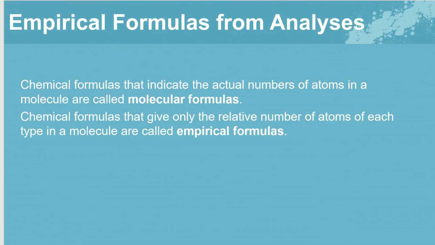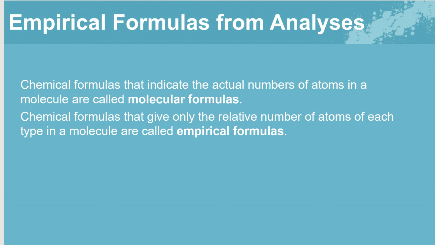All right, so the next thing that we're going to talk about is our empirical formula, right? And how we use it or how we get it from analyses. So chemical formulas that indicate the actual number of atoms in a molecule are called molecular formulas, right? So for example, our C6H12O6 that we saw for glucose, that is our molecular formula.